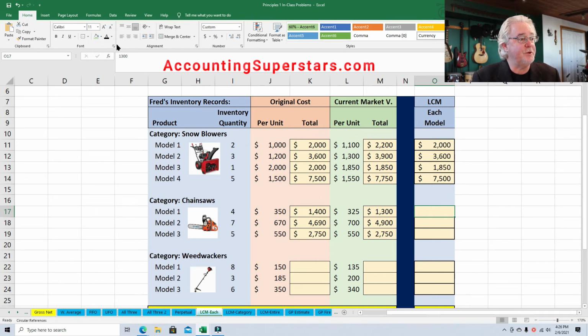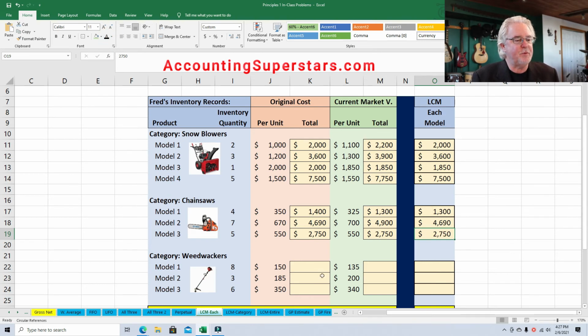And he would write down 1,300 because, again, he doesn't want to overstate the assets. And then Fred would look at Model 2 and say, well, the 4,690 is lower than the 4,900, so I'll write that down. And look at that, Model 3, there's no difference. So we'll just write down 2,750. If there's no difference, just write down what it is.